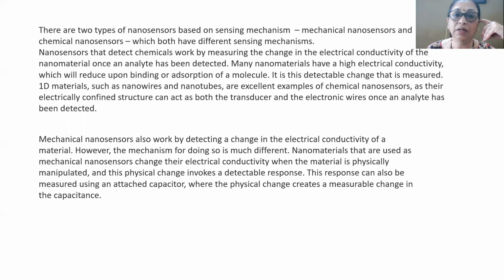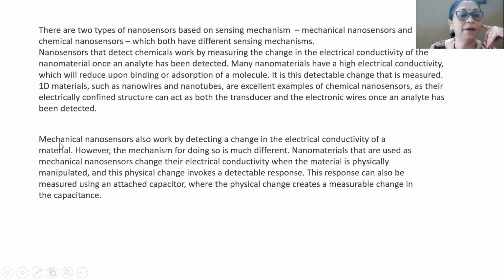If a sensor is exposed to certain chemicals, these chemical molecules adhere to the surface of the sensor, and this adherence changes the conductivity of the nanomaterial, and this change in conductivity can be calibrated in terms of concentration of chemical attached to its surface. Such nanosensors are called chemical nanosensors.